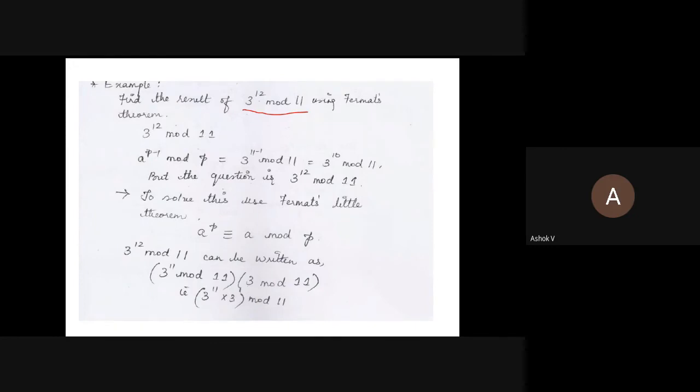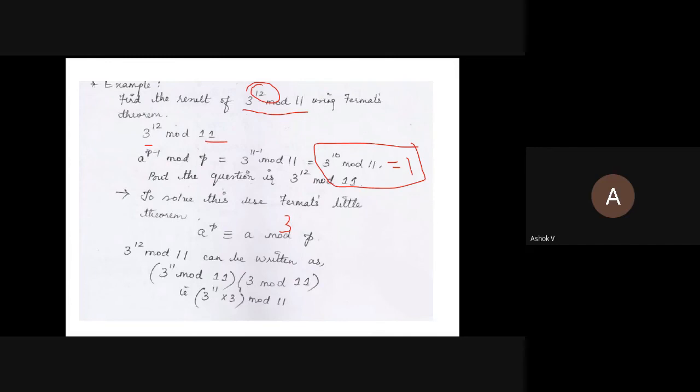When you are applying this to any one version of Fermat's theorem, here A value is 3, P value is 11. If both are co-prime, then we can apply it. So 3 power 11 minus 1, that is 3 power 10 mod 11, will always yield the result as 1. But here we need to find out the result for the exponent 12.